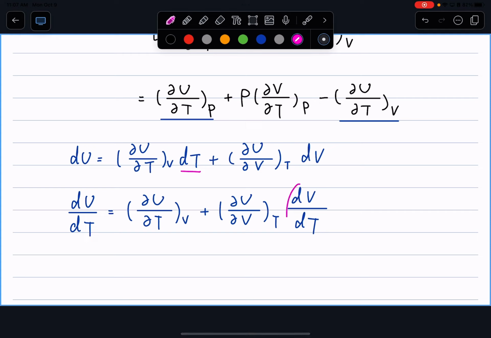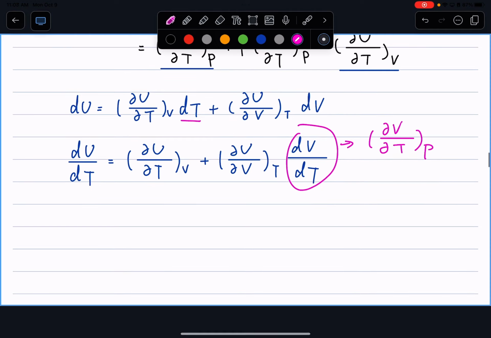And this one, you can also consider to be the partial derivative of volume over T at constant pressure. And this one here, dU over dT at constant pressure, you can also write as the partial derivative of U over T at constant pressure.